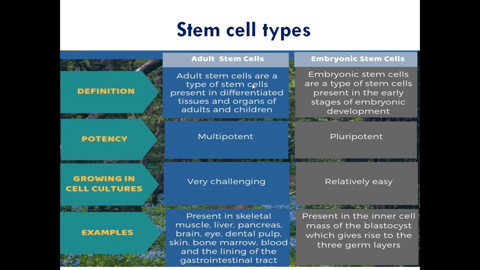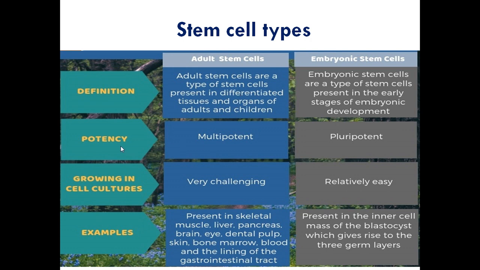Adult stem cells are the type of stem cells present in the differentiated tissues and organs of adults as well as children. That is, after the birth of a baby, these adult stem cells will be present, for example in bone marrow, blood or skin. In different areas or locations, there will be a presence of stem cells.